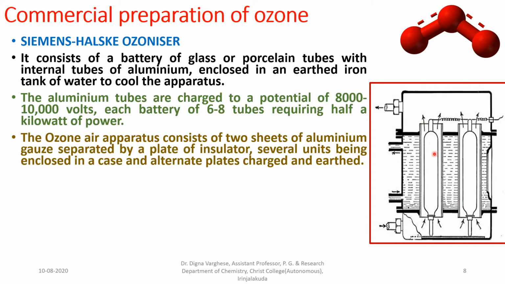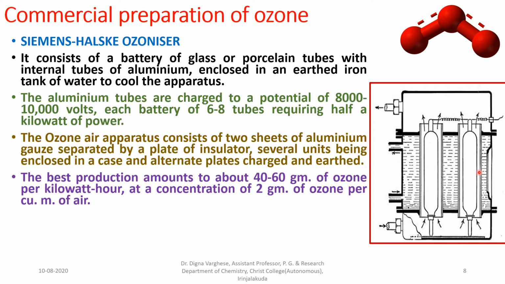That is, here the aluminium tubes are enclosed in an earthed iron tank, and the aluminium tubes are cooled by water in the compartments. The best production amounts to about 40 to 60 gram of ozone per kilowatt hour at a concentration of 2 gram of ozone per cubic meter of air.